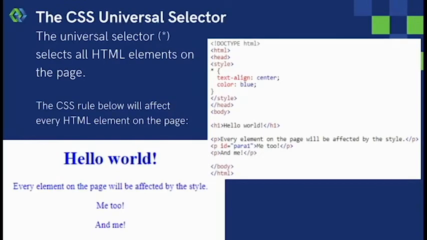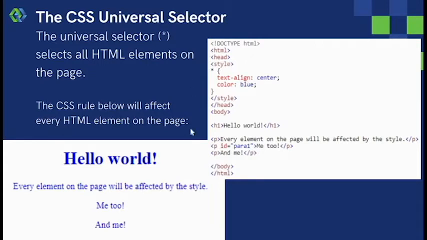So we also have the CSS universal selector. The universal selector, or asterisk, selects all the HTML elements on the page. So the CSS rule below will affect every HTML element on the page.